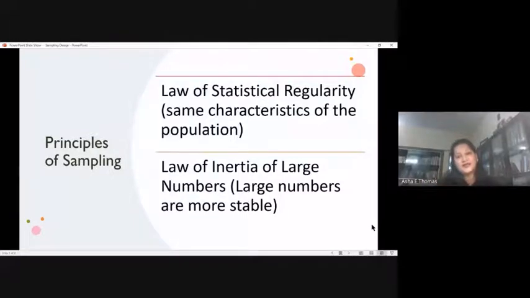Then law of statistical regularity says that I should be in a position to capture the features, to capture the actual scenario which is prevailing in my population. See, that is where we go with different types of sampling methods like cluster sampling, or as you say, stratified sampling.